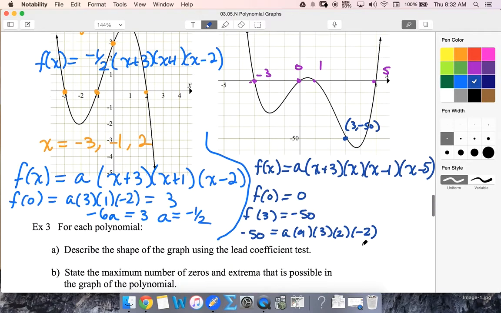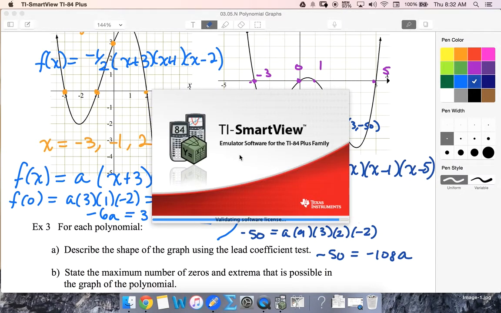So let's work that out. That's going to be the same as 27 times 2 is 54 times -2 is -108. I think that is true. Let's go ahead and just make sure I'm not doing any math mistakes.